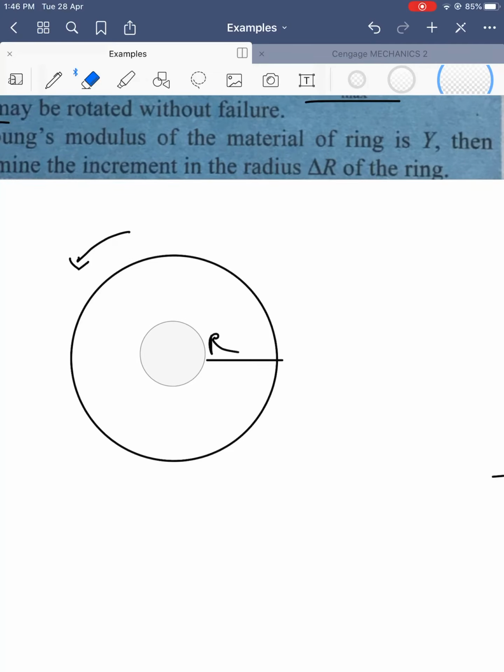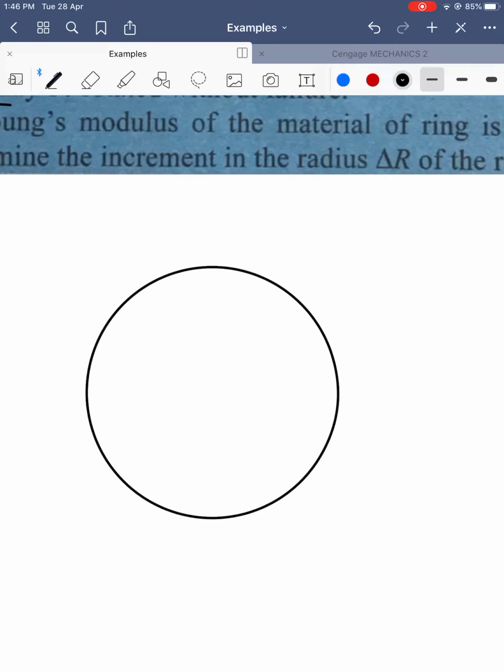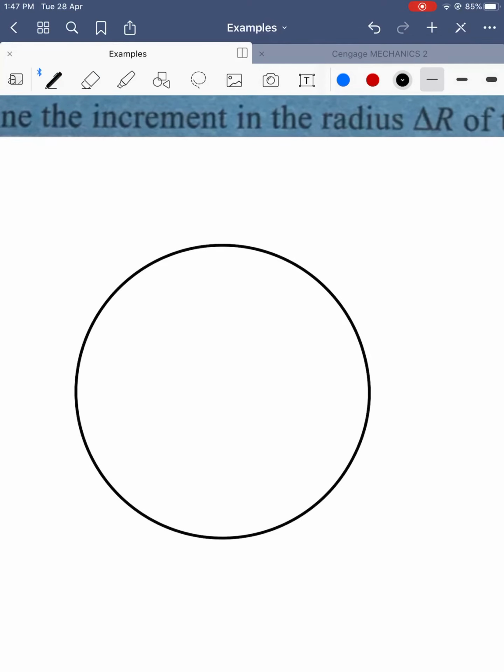While drawing the free body diagram, see carefully. It is rotating with angular velocity omega. I am considering a small section from the center, and bisecting this.